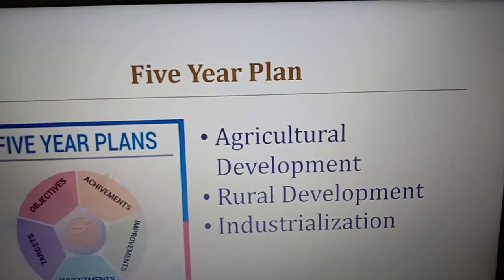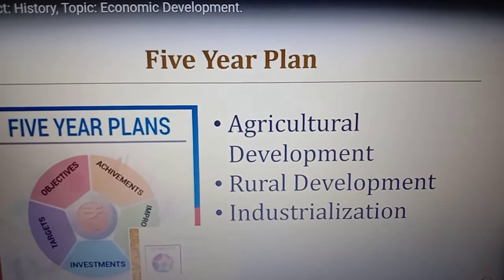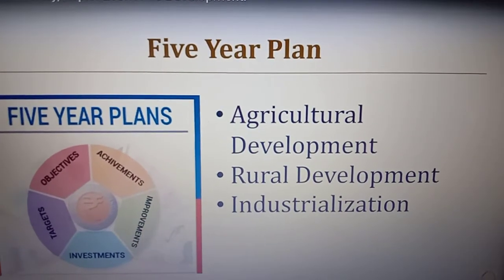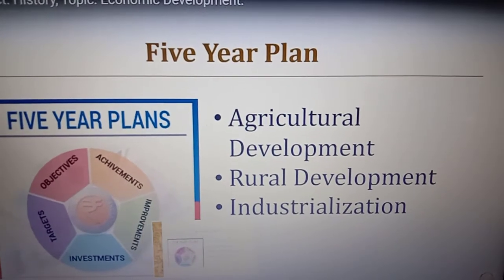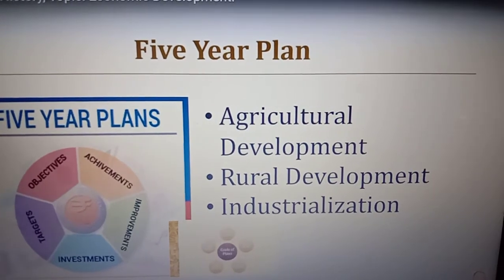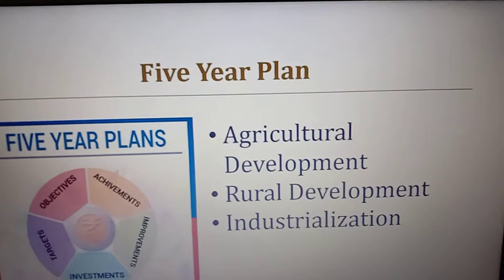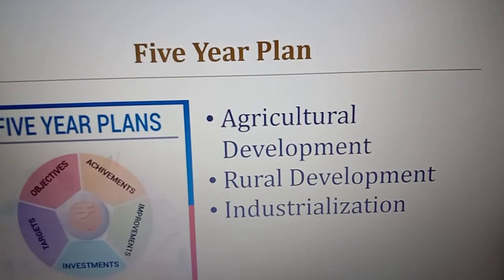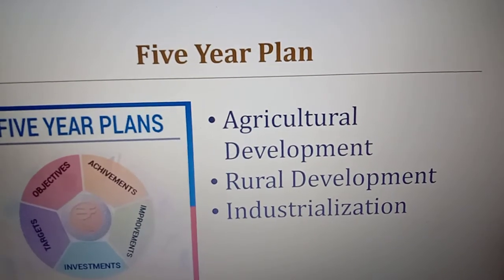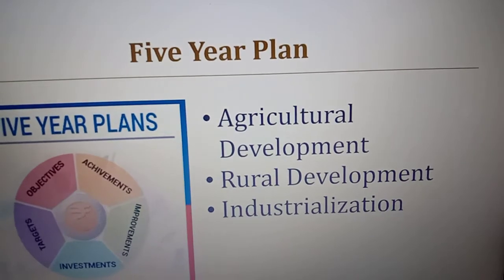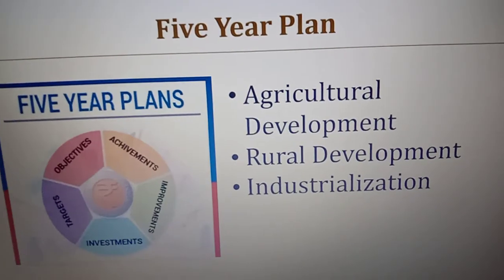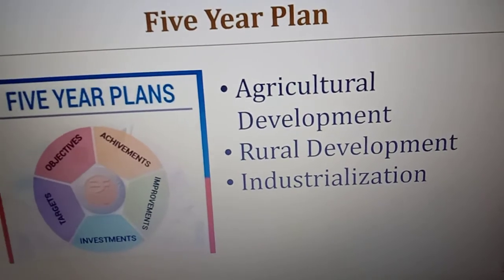So in this way, the government has given more importance, because after independence our country was going through severe problems like poverty, unemployment, population growth, low standard of living, low productivity of agriculture and industries, backwardness in the field of knowledge.